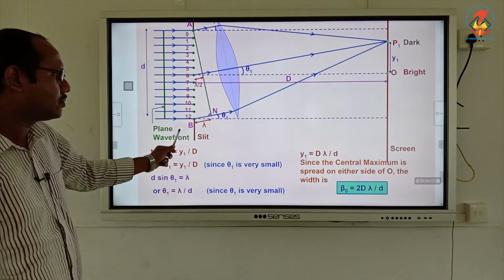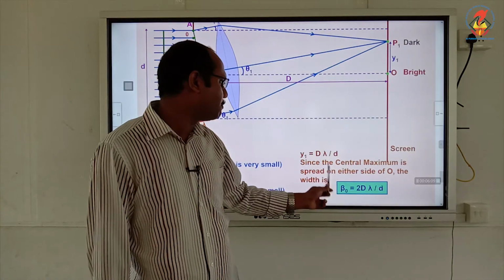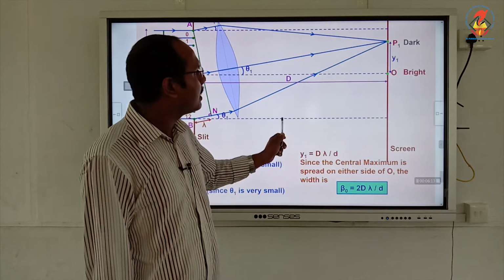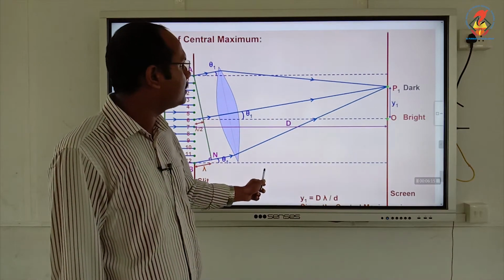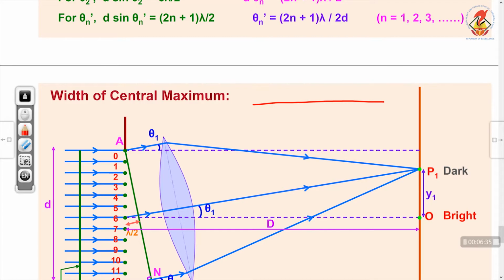Now, I already told central maximum is the spread on either side up to the minima. That means, see, I'll just draw and show you. Suppose this is the central bright fringe.